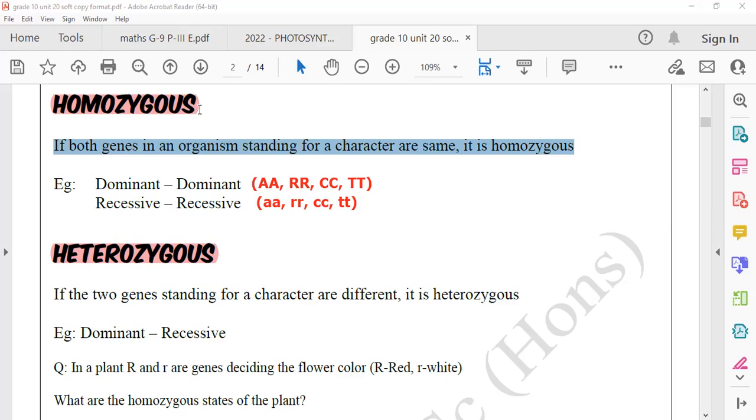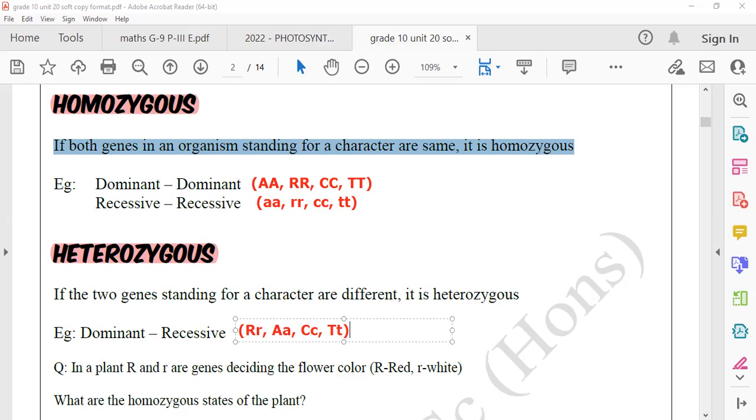So how do we write the heterozygous combinations here? Capital R, simple r; capital A, simple a; capital C, simple c; capital T, simple t. If you write like this, it is what state?